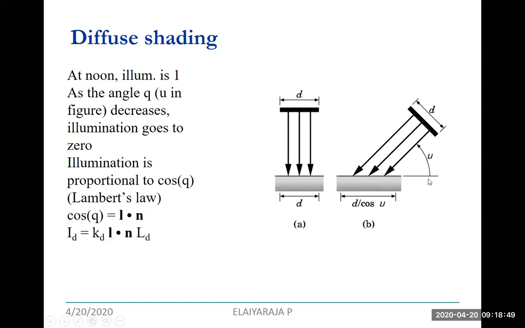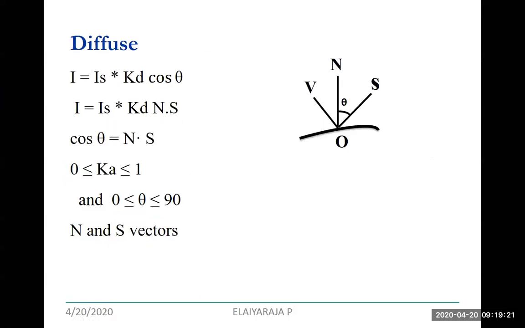So cos theta is equal to the light source, and when it hits this surface, what is the normal vector, and the diffuse factor, how we are going to calculate. Okay, the coefficient factor multiplied with the light source and with the normal vector, where you are going to consider the dot product along with the diffuse light source.